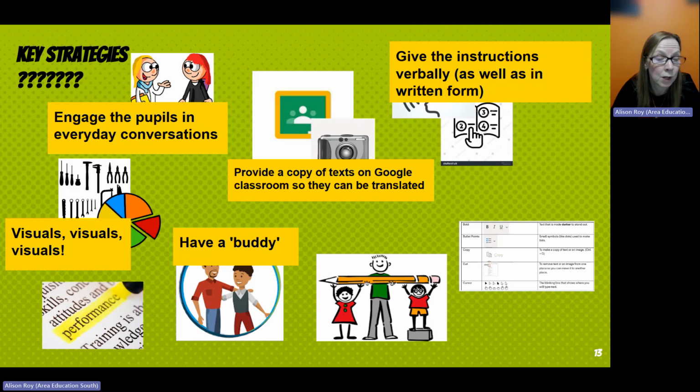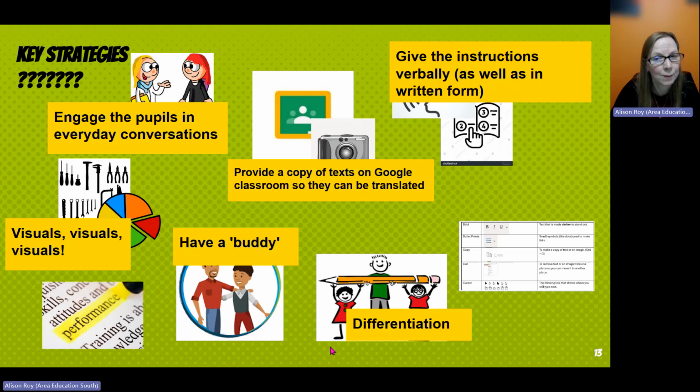So have a rotation where different pupils buddy each week, but make sure that the pupil knows where they need to go when moving around different classes, and that they've got someone to sit beside at break and lunchtime. And this really needs to go on for more than just a week, because there are lots of new things to pick up, and often students can feel quite isolated in the first few months. So it's important that the buddy system is extended as long as the pupil needs it.